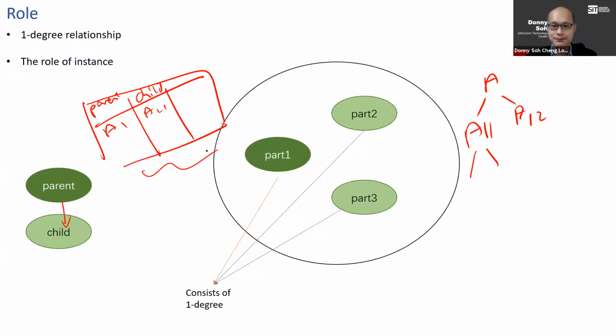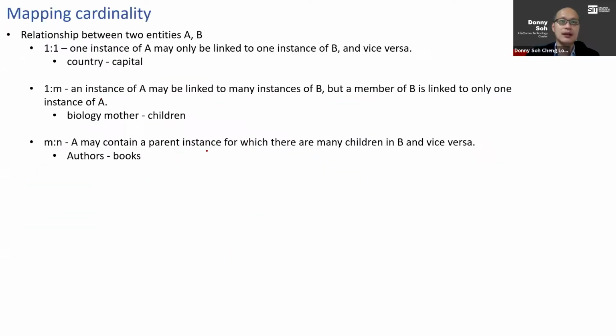Okay. The next thing is the cardinality. Cardinality refers to mapping. So let's say if I have 2 entities, A and B, I want to do a mapping between these two. Cardinality will then define how I can map these two.